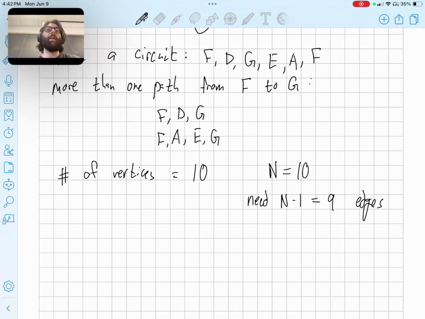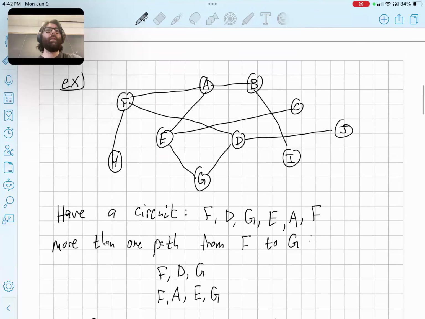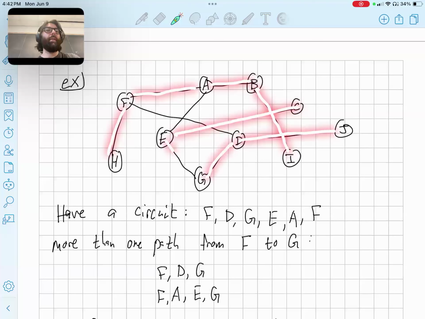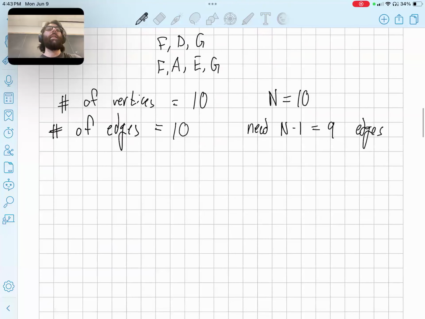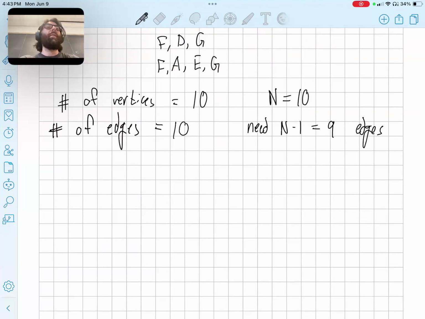If n is 10, then n minus 1 is 9. Let's count. So 1, 2, 3, 4, 5, 6, 7, 8, 9, 10. So we have 10 edges and 10 vertices. That means we're not a tree because we don't have exactly n minus 1 edges. So we are not a tree.